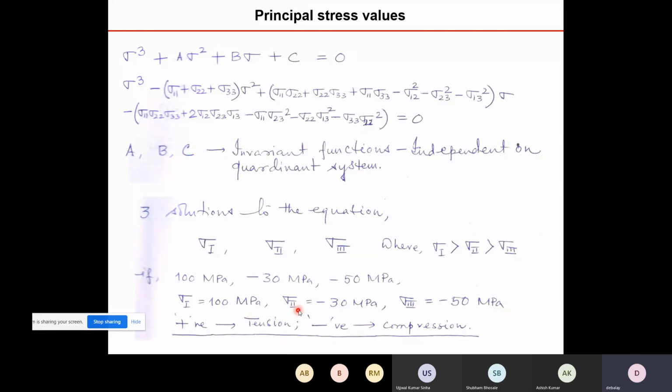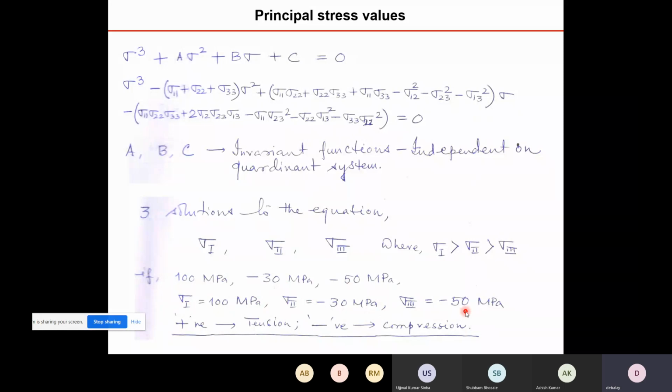So if it happens that you apply another tension in the direction of sigma 2 and you increase it to 130, then like Air Force One, where the US president flies, sigma 2 will now become sigma 1, sigma 1 will become sigma 2, and sigma 3 will remain as sigma 3.